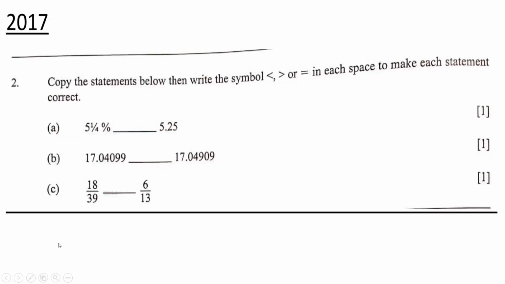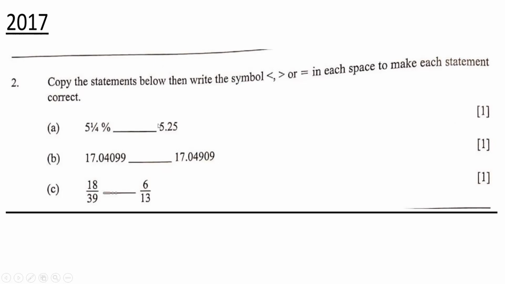Now let's move on to the next question. It's saying copy the statements below, then write the symbol less than, greater than, or equal to in each space to make each statement correct. Here we have 5 and 1/4%, and we have 5.25.